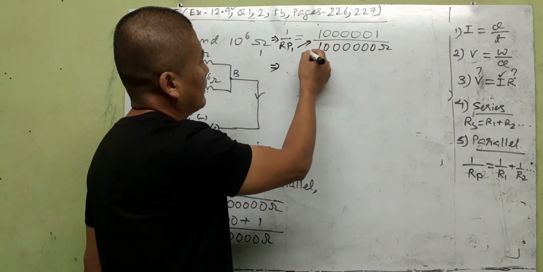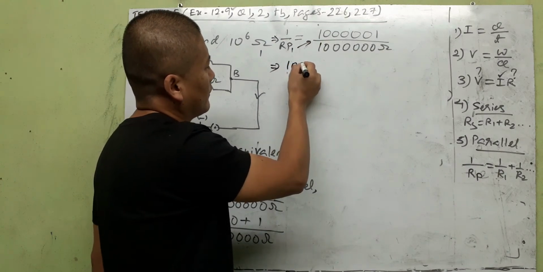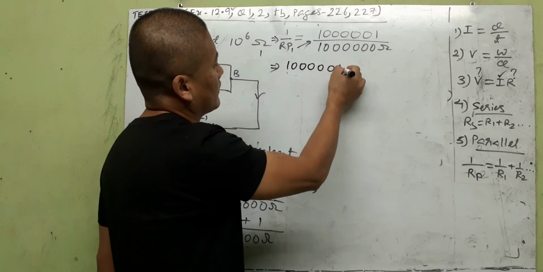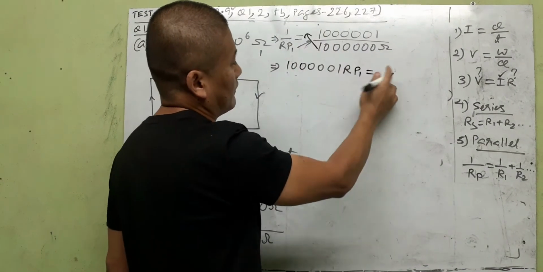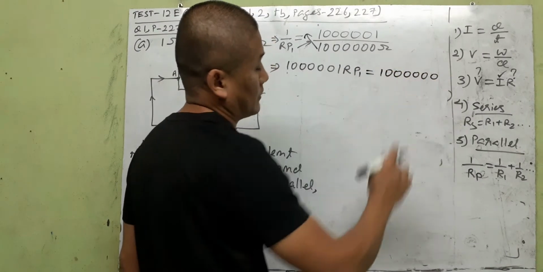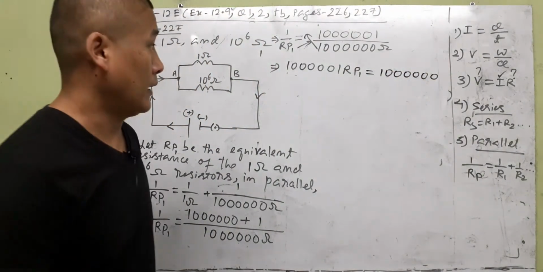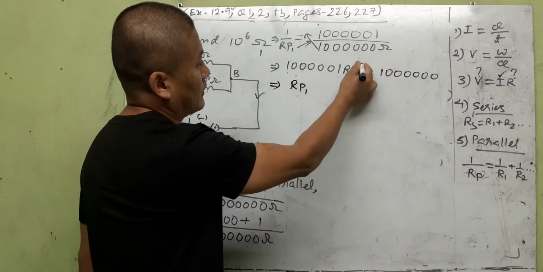Now cross multiply: RP1 into 1000001 equals 10 to the power 6 into 1. Then after cross multiplying, we have to find the equivalent resistance RP1.